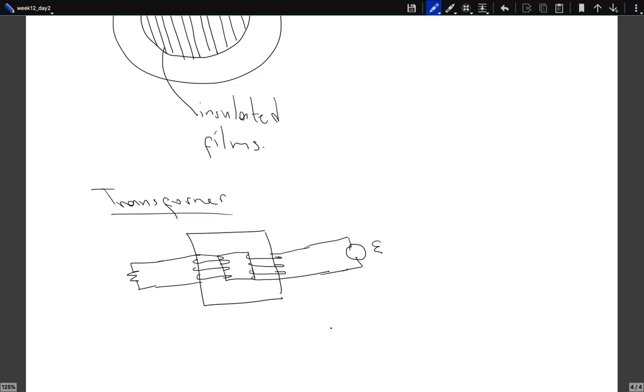So if you send the current, let's say through this one in this direction, well, this creates a magnetic field in which direction? Inside. It will be upward. And these magnetic field lines go around this iron. They don't go out.